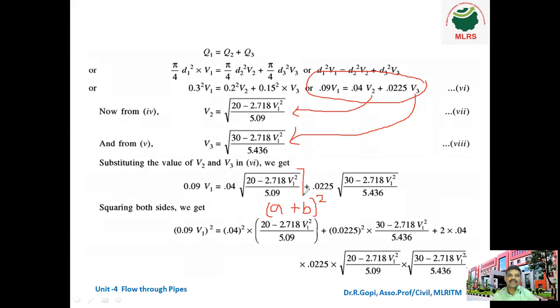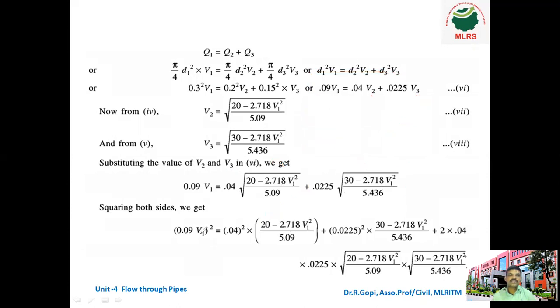This is A, and this is B. So what is the equation for A plus B the whole square? A square plus B square plus 2AB.